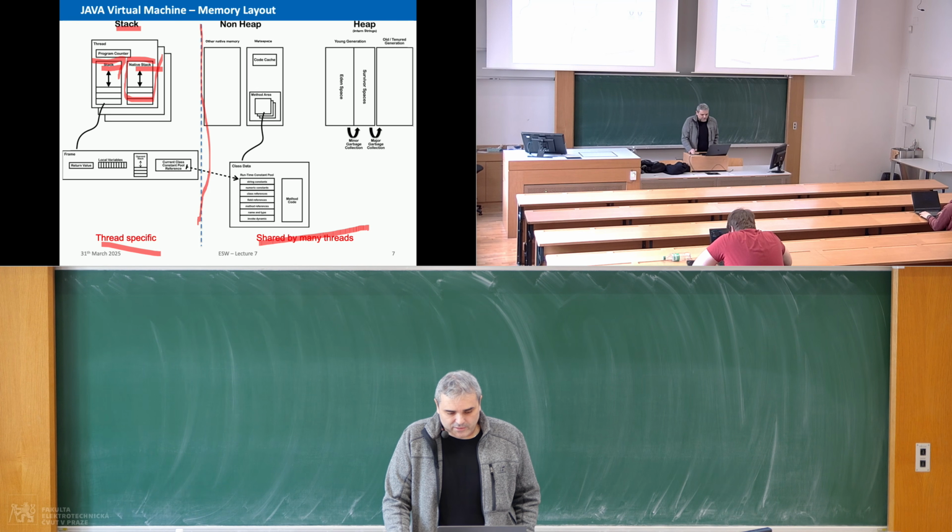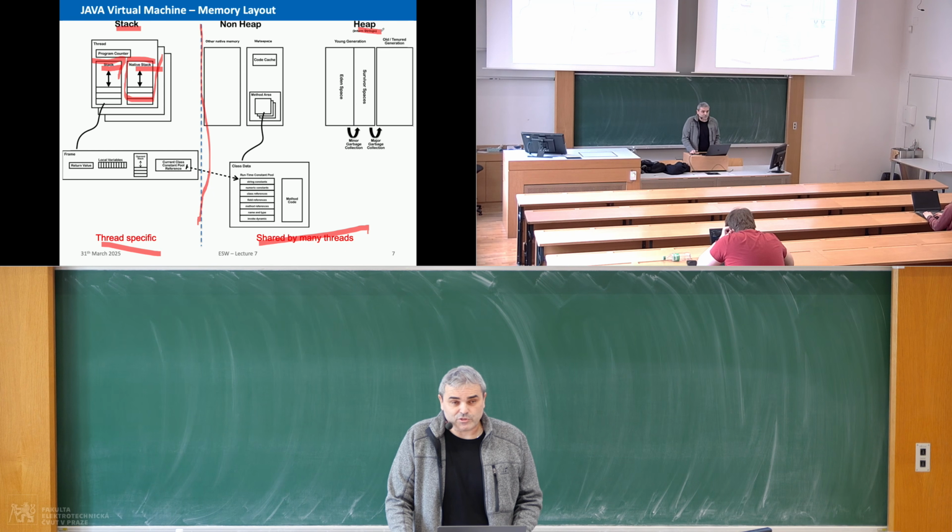On the right side, there is memory which is shared by all threads together, and it's divided into two main pieces. One is the heap. The heap memory contains dynamically allocated objects. Anything which is created with new in your code is stored in this memory.